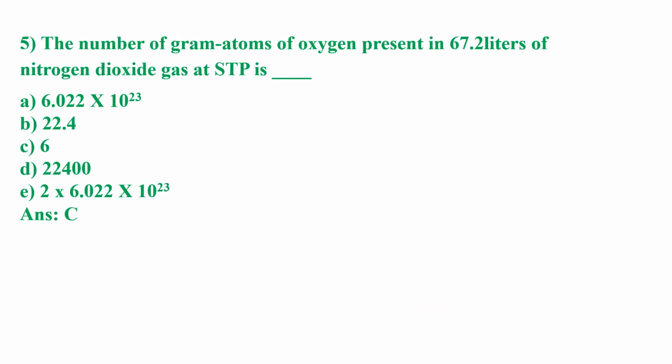Our next question. The number of gram atoms of oxygen present in 67.2 liters of nitrogen dioxide at STP is equal to dash gram atoms.